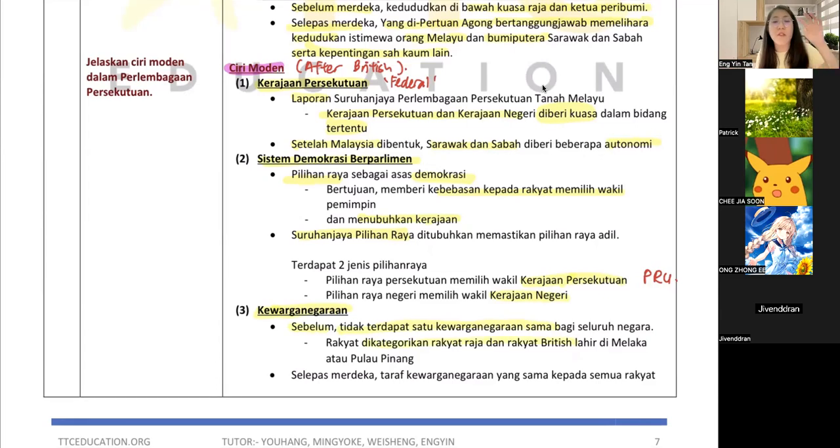Rakyat Raja means those Malay people who born at the states which has the Raja. Bagi Rakyat British is for those who born at Malacca and Penang. Then you categorize them as Rakyat British. This is before that. Citizenship.